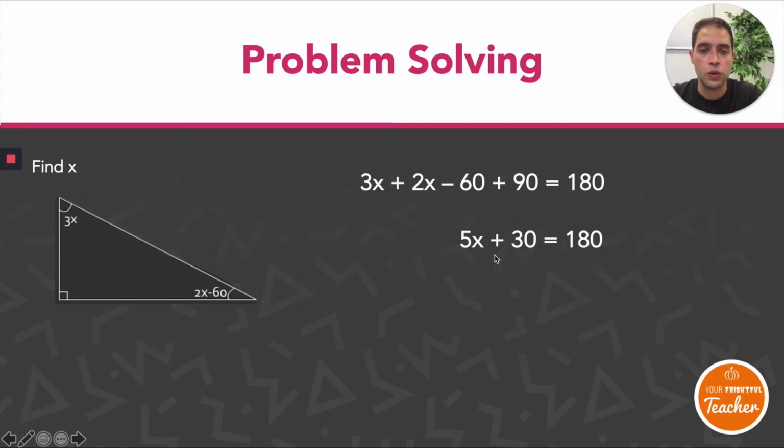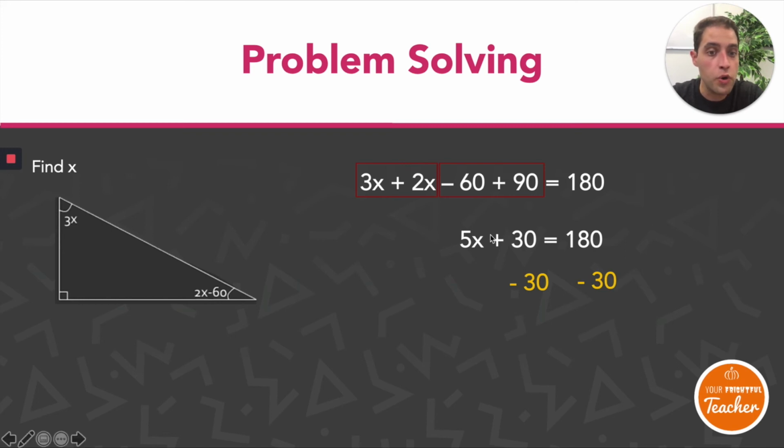Okay, so once I know that, I need to simplify this expression into an equation. Well, I just need to simplify it. So the x is here, 3x plus 2x, that gives me the 5x. And then I'm working out this, so minus 60 plus 90 is plus 30.